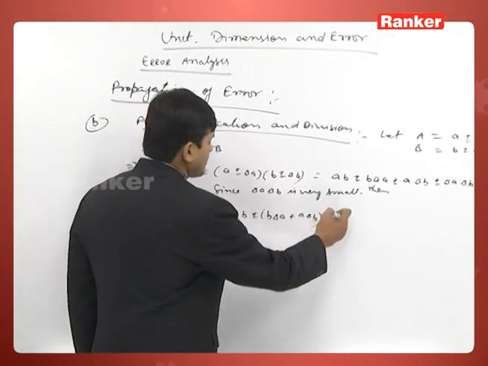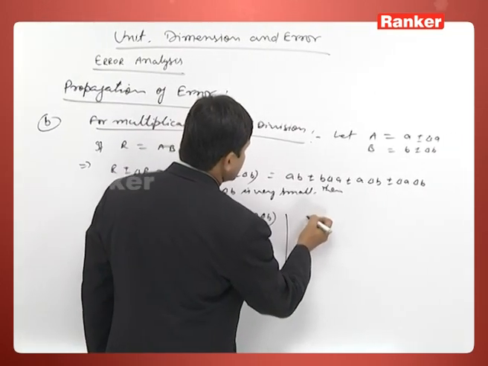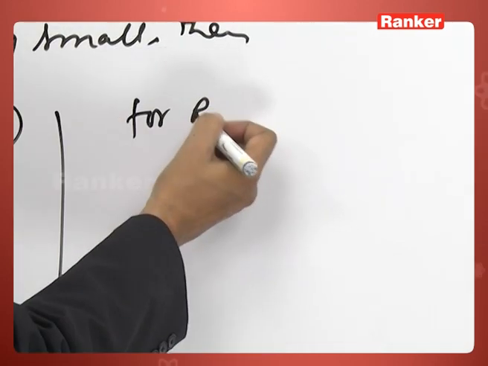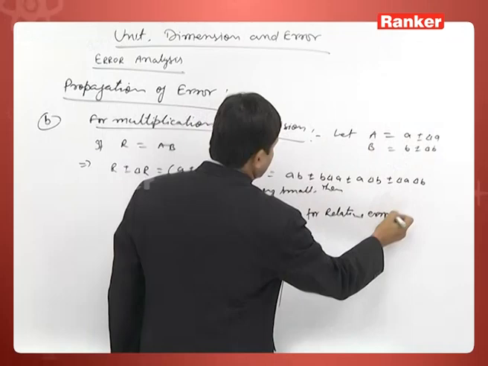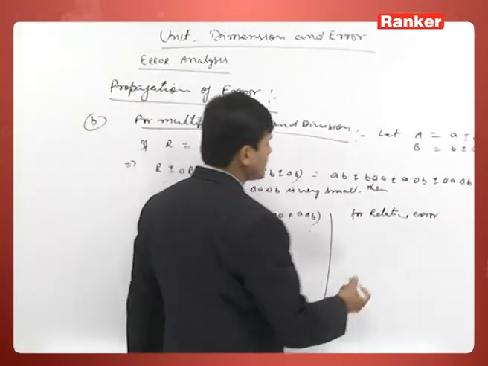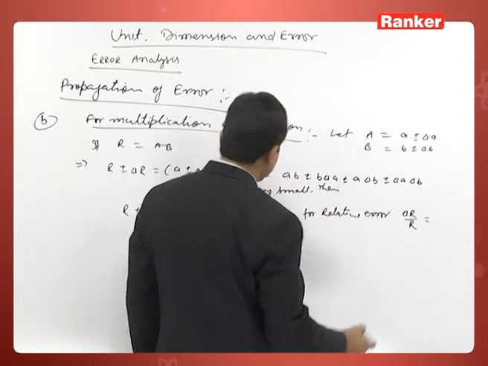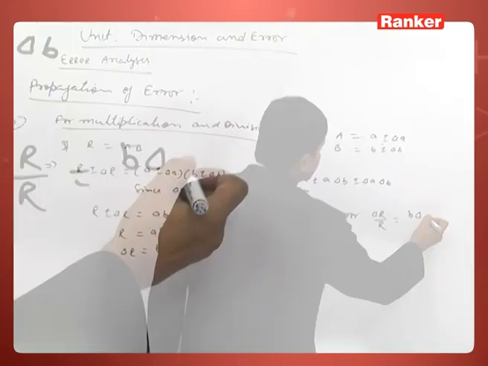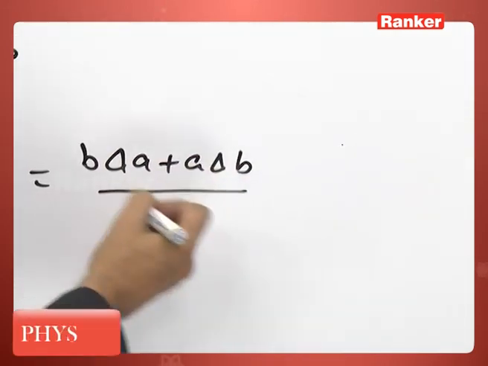Now, for relative error, delta R by R is B delta A plus A delta B by AB.